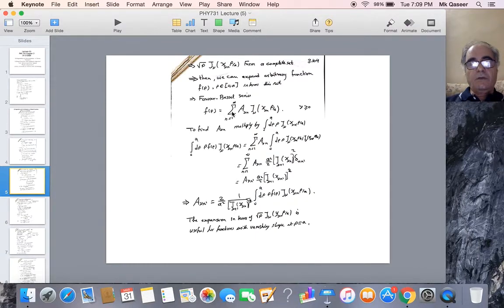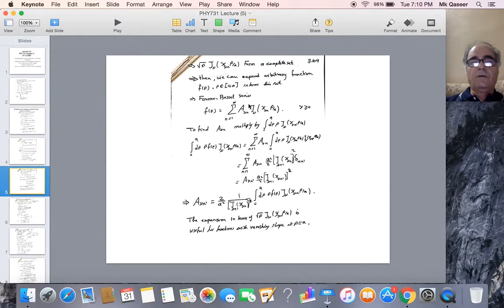Now, any function f of rho defined in the interval 0 to a can be expanded in terms of this function J sub nu. We can write f of rho as a series from n equal 1 to infinity, a sub nu n, J sub nu of x_nu_n rho over a.